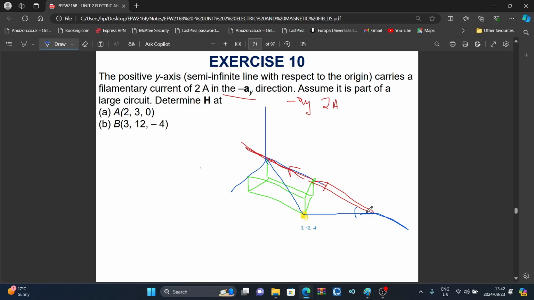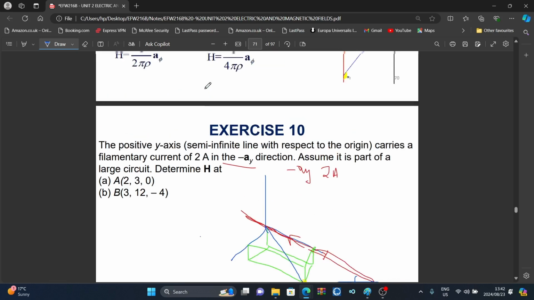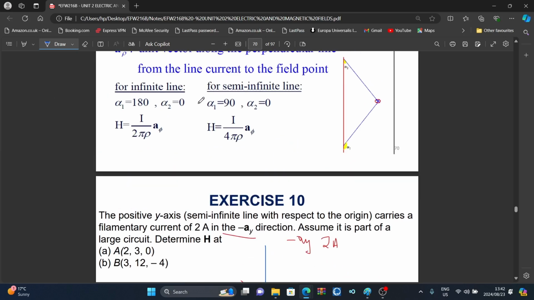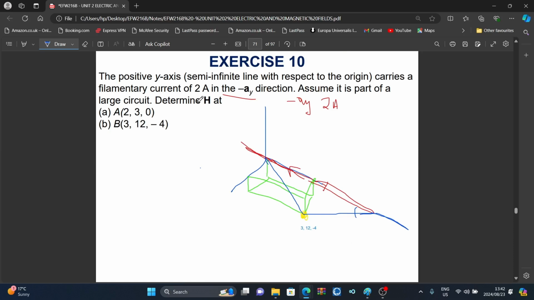Now in this case we have a three-dimensional object. It's not a finite line, so in this case we take it as a finite line. So we are not going to have our alpha 1 in that direction. We can still have it, it should work out.